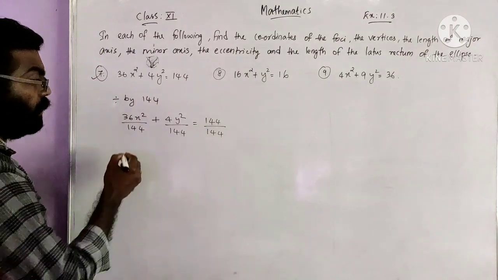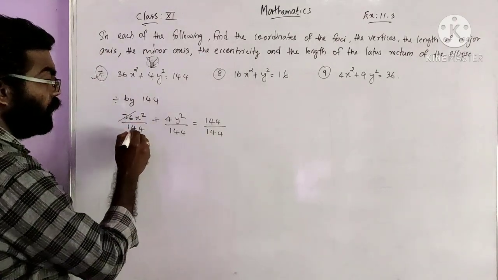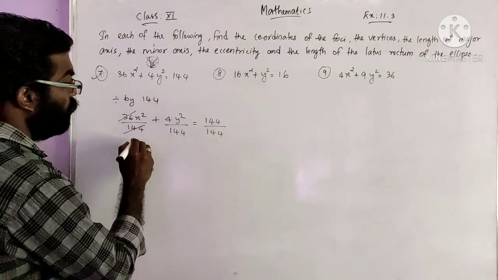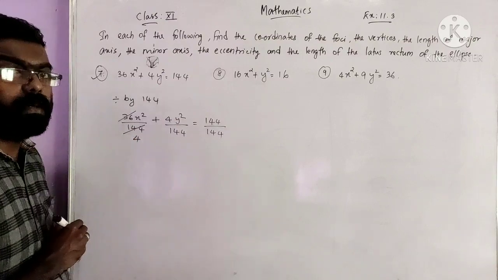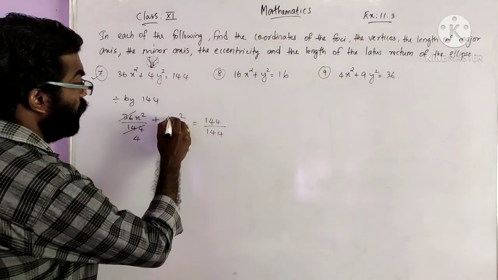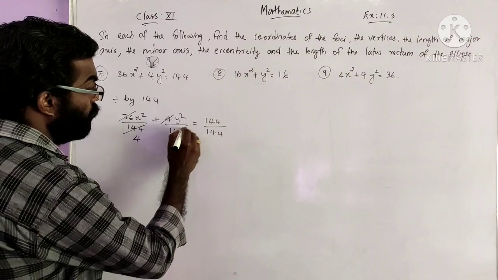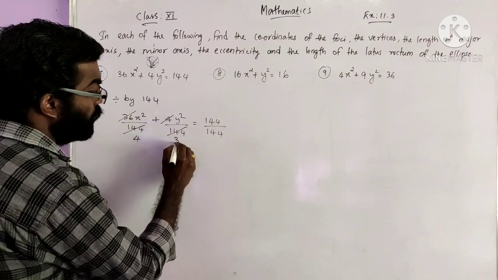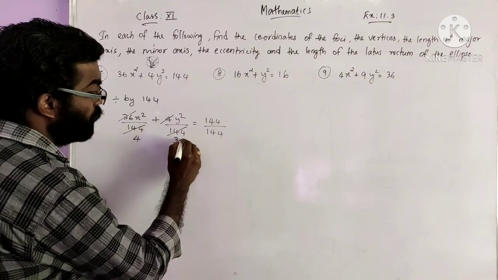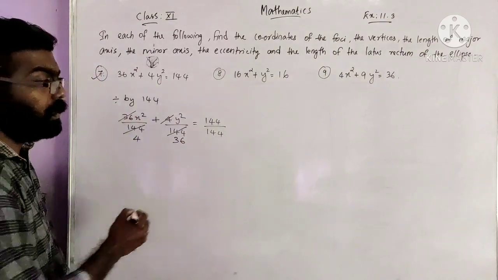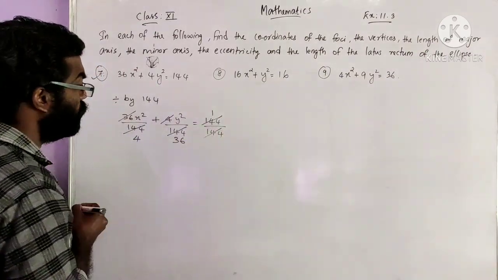Here we can cancel 36 and 144. We get 4. Then here 4 and 144, 3 4s are 12, then 24, 6 4s are 24, 36. Here 1.